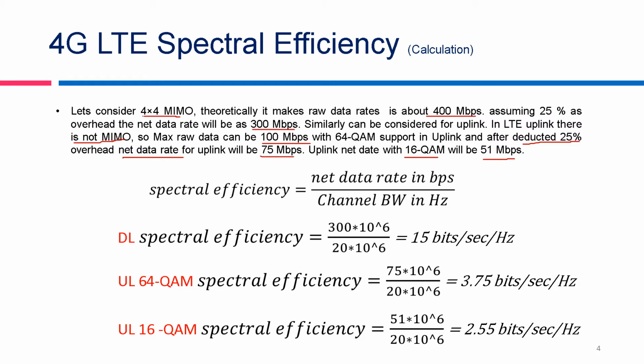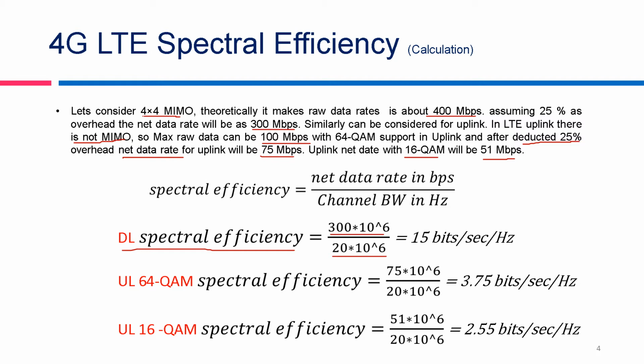So we got these values, and we can simply put them in the spectral efficiency formula. So downlink spectral efficiency can be calculated here. This 300 Mbps is the net data rate, and I have taken 20 megahertz as channel bandwidth.